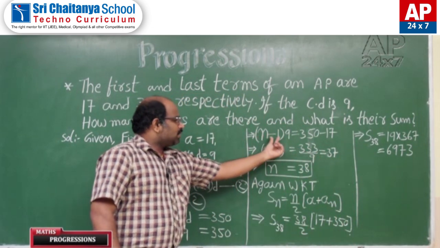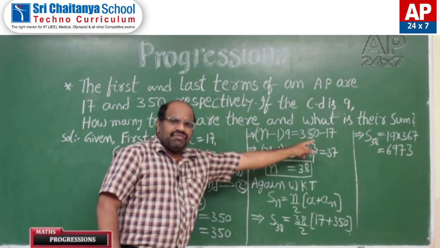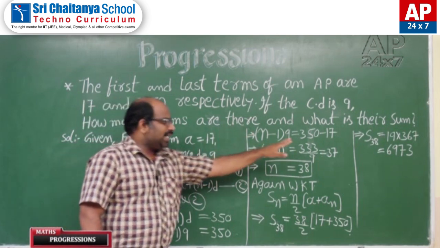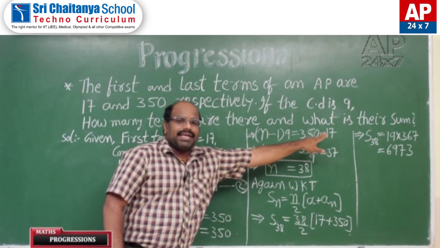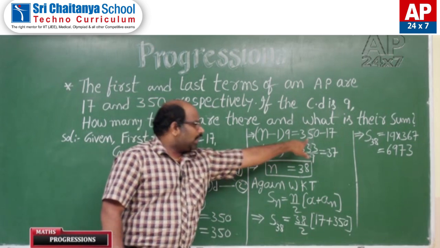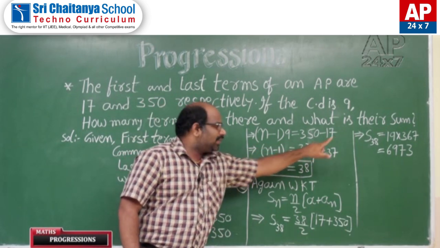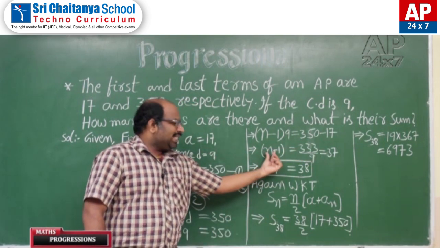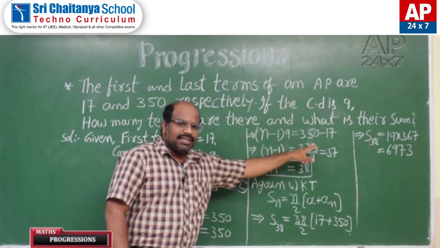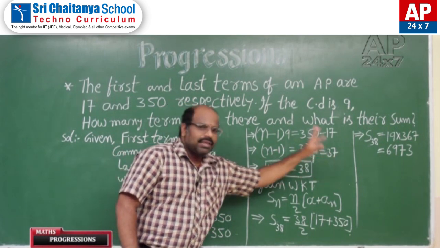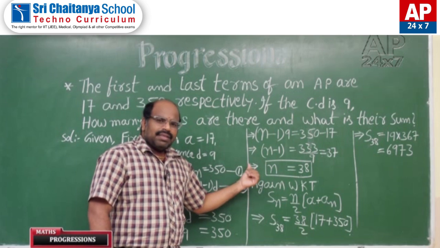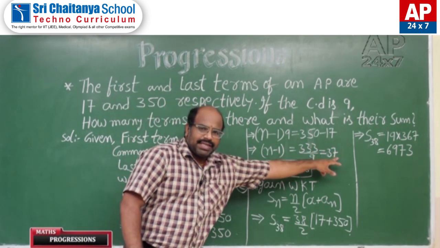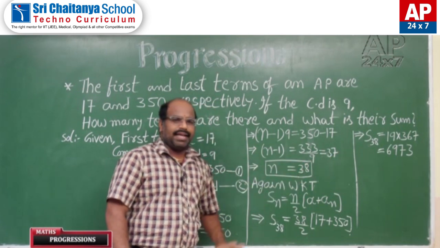Now, n minus 1 into 9 is equal to 350 minus 17. I transferred this plus 17 to the right side, so it is 350 minus 17, which is 333. Now, n minus 1 is equal to 333 divided by 9, nothing but 37. Finally, the value of n is equal to 38. I transferred minus 1 to the right side, 37 plus 1 is 38.